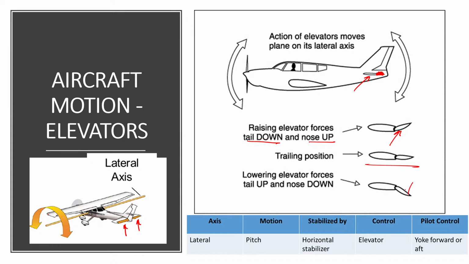If you have it in the down position, because we're changing the way the aerodynamics are flowing over this, lowering the elevator forces the tail up and the nose down. The main thing you want to pay attention to is nose down, which means that the airplane is going to descend and go closer to the ground.